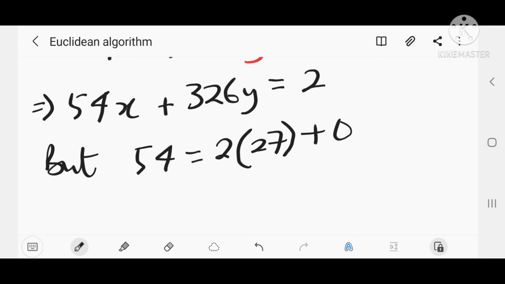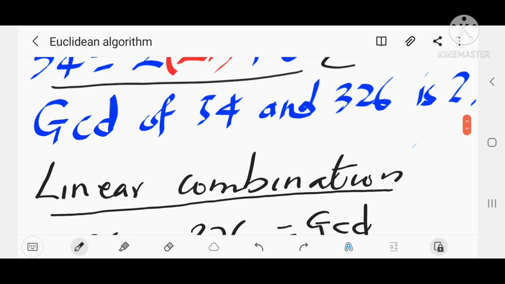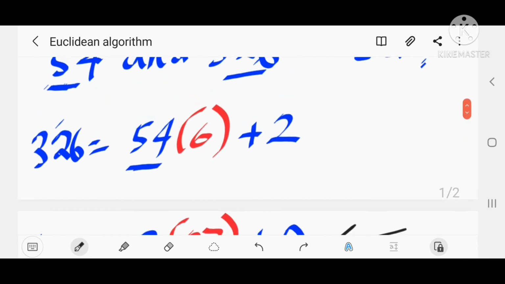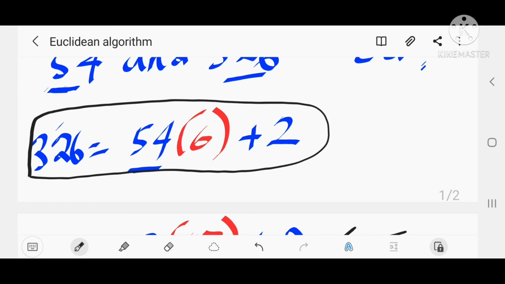But we can pick the previous equation, 326 equals 54 times 6 plus 2. So we can make 2 the subject from this equation.